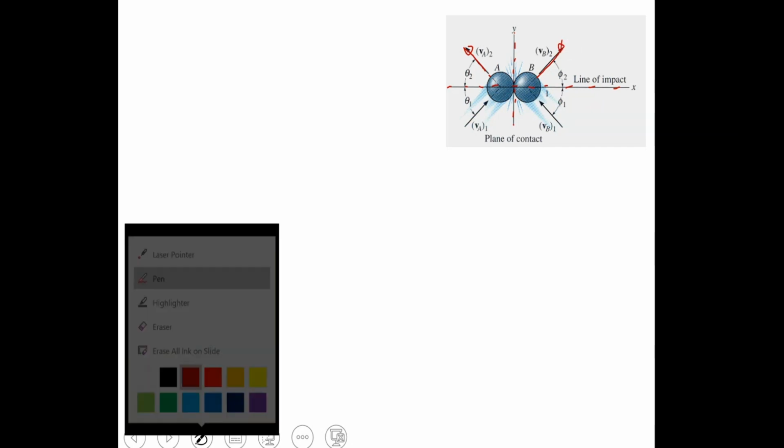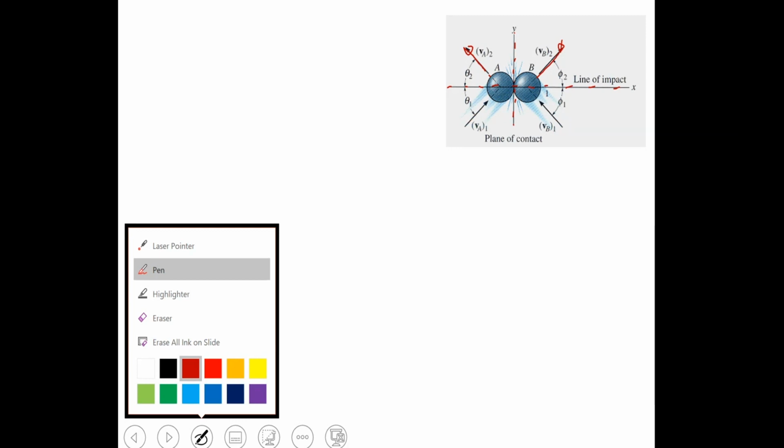After collision, these particles are going to travel with velocities VA2 and VB2 at angles theta2 and phi2 as shown in the figure. So the unknown quantities here are the magnitudes VA2 and VB2 as well as the directions theta2 and phi2. To solve for these unknowns, we are going to have 4 equations. Where will these 4 equations arrive from?